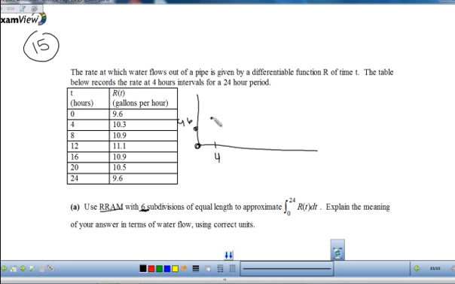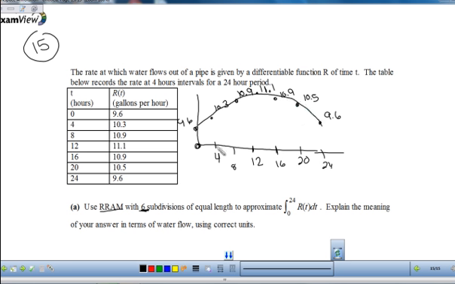9.6, 10.3, 10.9. So here's my curve. We're going to use right rectangular approximation.